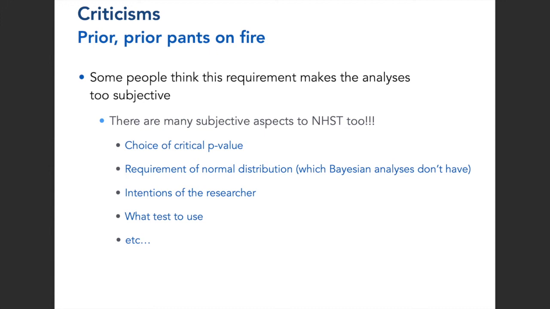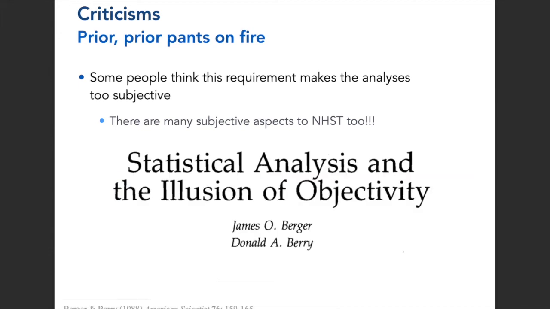Not all t-tests are the same, and the same is true for any statistical test. Some of these subjective aspects of p-values and null hypothesis significance testing are the choice of a critical p-value, the requirement of a normal distribution, the intentions of the researchers, and what test to use. There's just a whole range of subjective decisions that go into frequentist statistics as well.